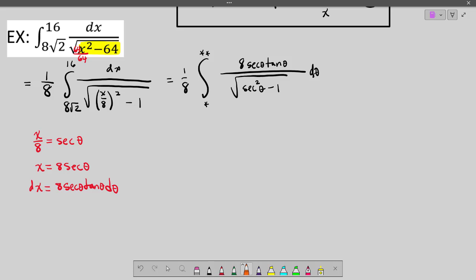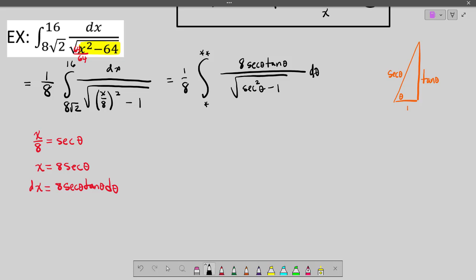I'll put that identity up here on the board again, just so you remember. So this is our secant tangent triangle. When we look at that, we see, oh yeah, secant squared minus 1 is tan squared.